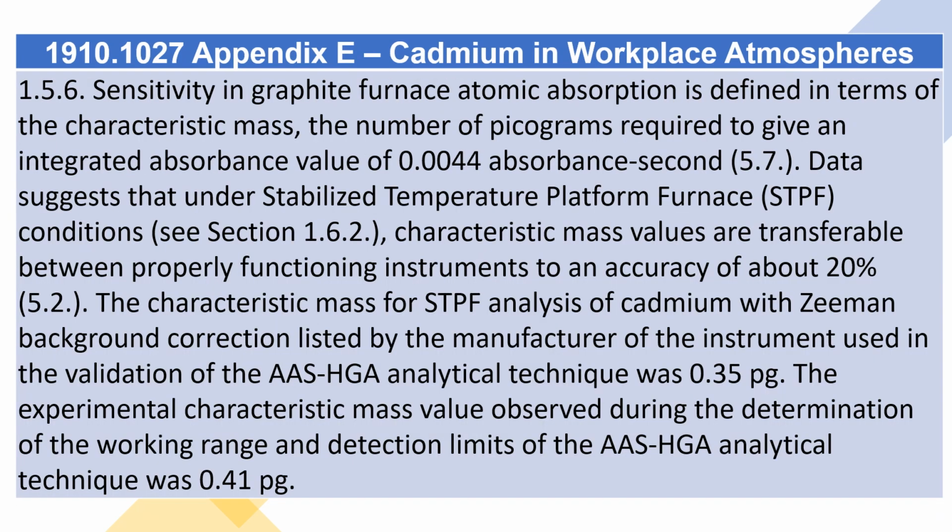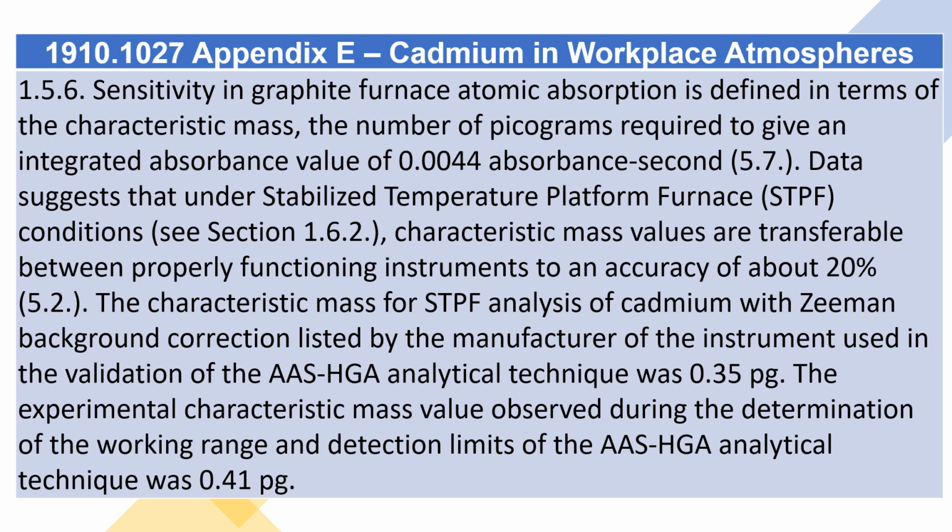1.5.6. Sensitivity in graphite furnace atomic absorption is defined in terms of the characteristic mass, the number of picograms required to give an integrated absorbance value of 0.0044 absorbance second. Data suggests that under stabilized temperature platform furnace (STPF) conditions, see section 1.6.2, characteristic mass values are transferable between properly functioning instruments to an accuracy of about 20%.